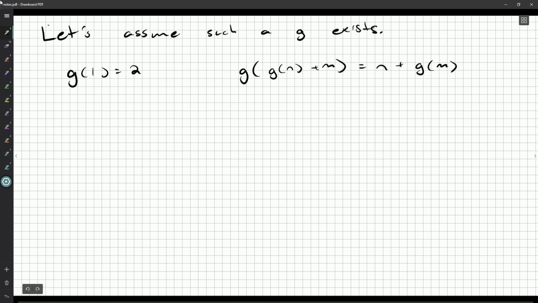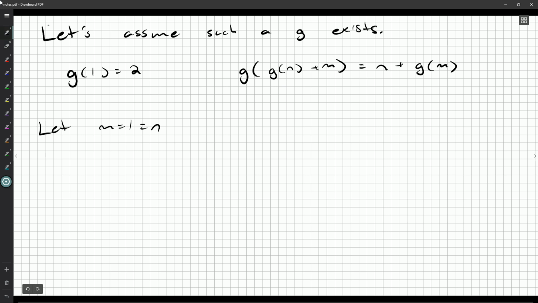All right, now, planning ahead with this, if I'm going to actually start computing values, I need to know what g of m is. The n doesn't matter, but the g of m does, so we're going to have to let m be 1. But I also want to know what my input to g is, so I should probably also know what g of n is, so let's make n equal to 1, just to start off.